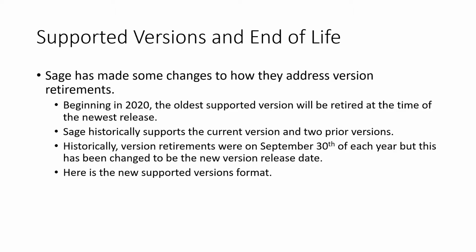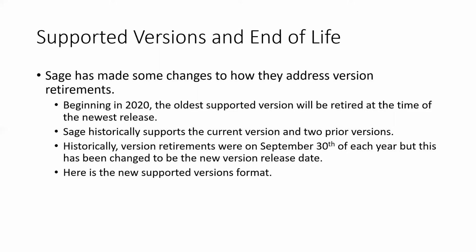So for instance, the path had always been that version 2017 was going to retire September 30th of 2020. They have changed that, and they're now saying that it will reach end of life or be retired at the point they release the 2020 version. We're going to take a look at that in just a couple of minutes.